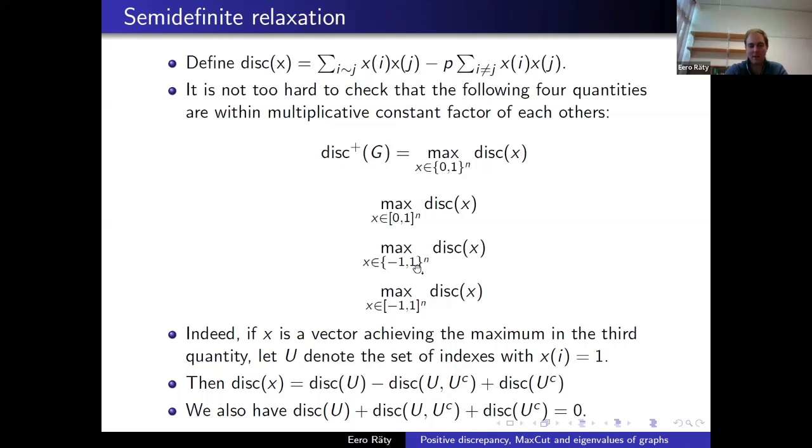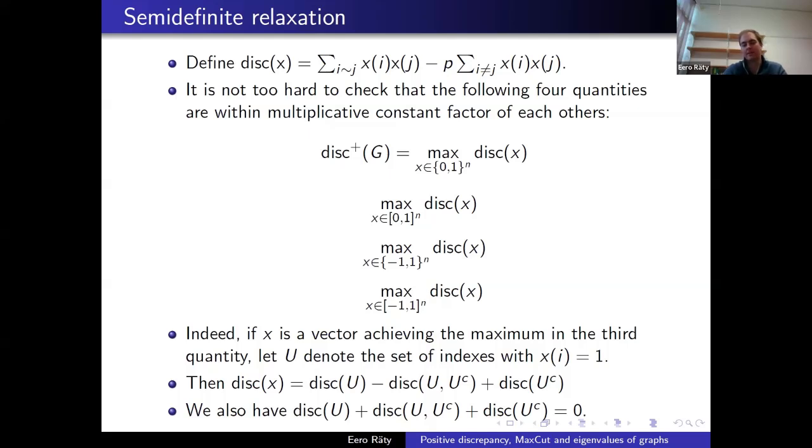Well, it actually does matter, but it's fine if it only matters up to a constant multiple. The reason is that if we have a -1, 1 vector which attains this maximum, we can just pick U to be the set of indices where we have the value 1.